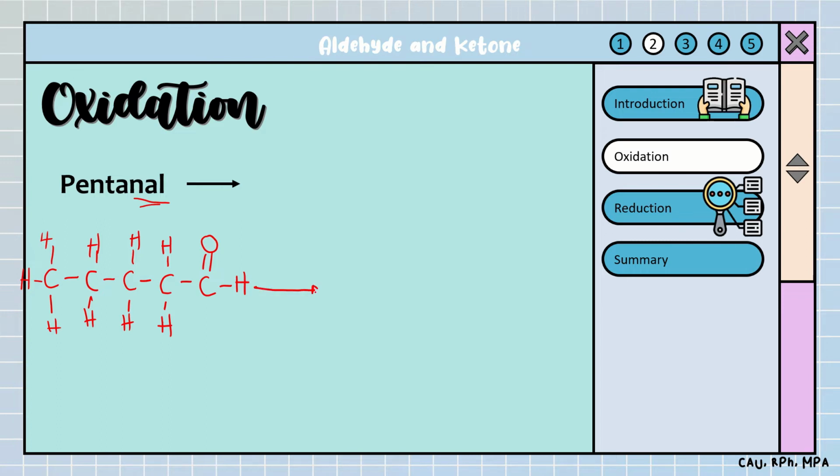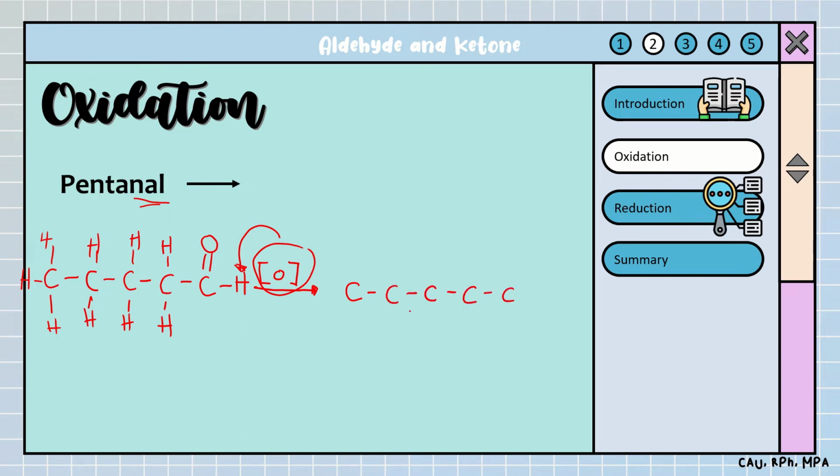So to have the oxidation, let's just have this symbol O, which is indicating that that is an oxidation reaction. And then again, this catalyst here will be bonded with our hydrogen.